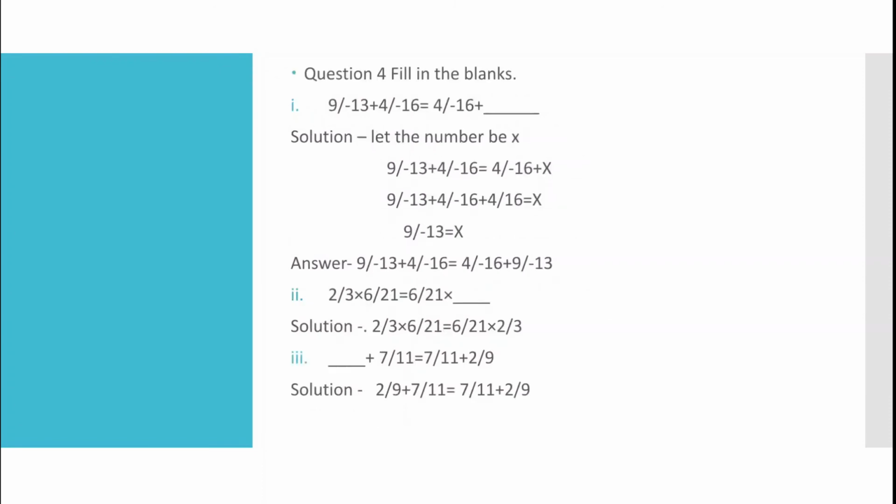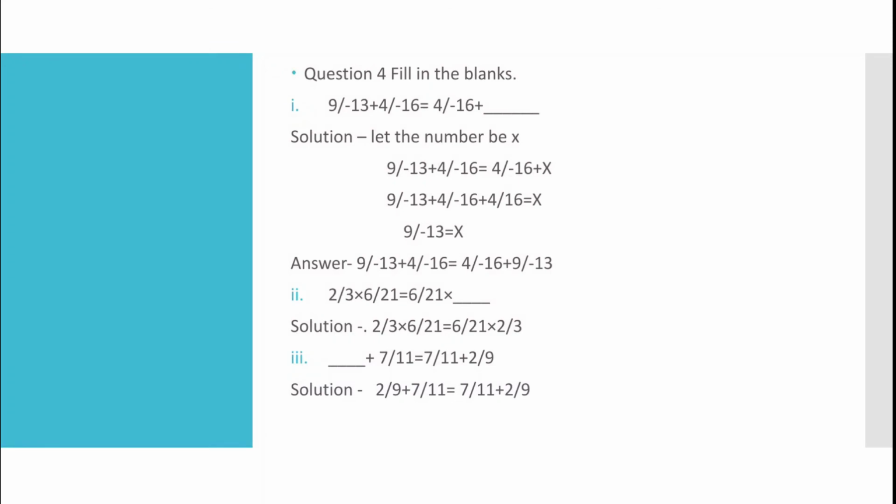Now let's check question number 4, fill in the blanks. Here question number 1, 9 divided by minus 13 plus 4 divided by minus 16 equals 4 by minus 16 plus blank. Here in the blank you have to solve and find the value.